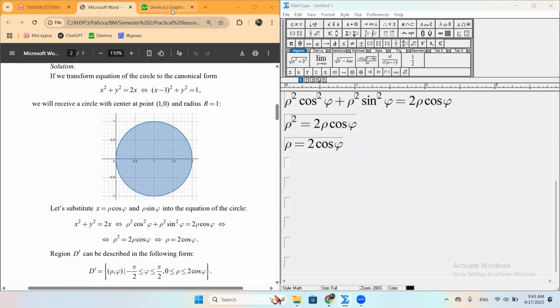As we can see from the plot, phi changes from minus pi over 2 to pi over 2.